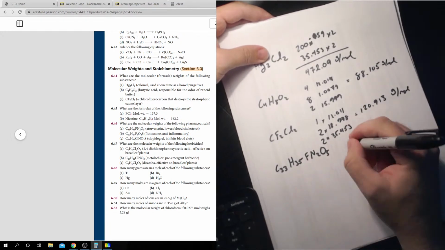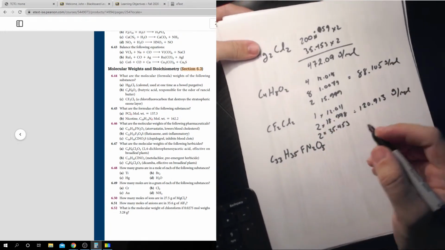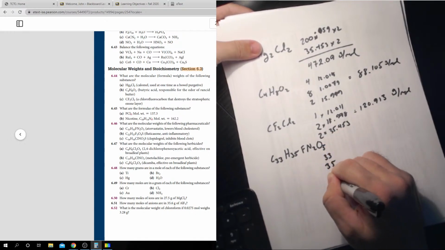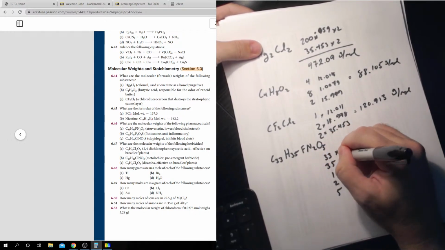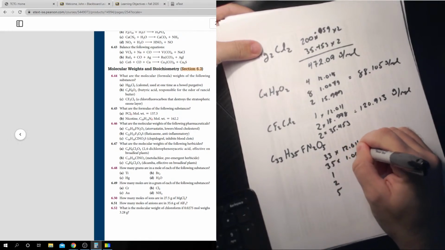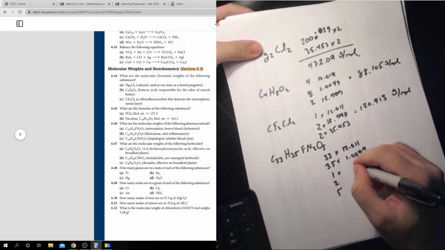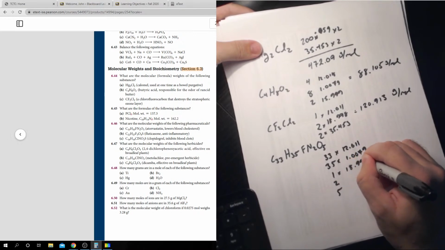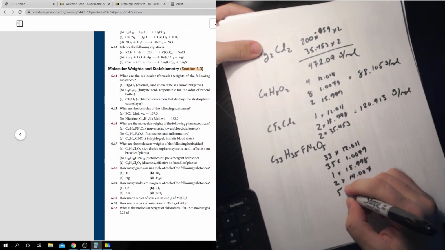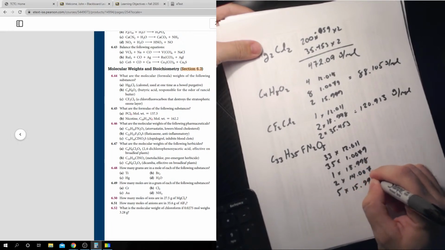Yeah, blood cholesterol med. It's a statin, of course, cholesterol. 33, 35, 1, 2, 5 times 12.011, 1.0079, 18.998, 14.007, 15.999.